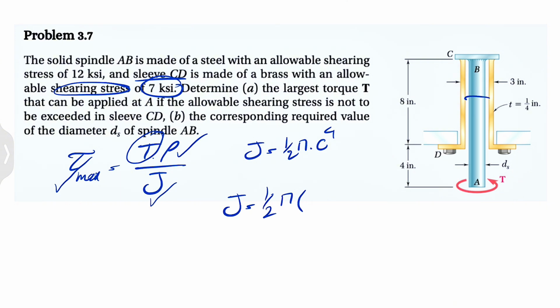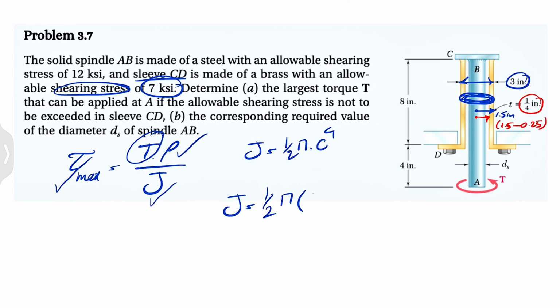Basically we have a hollow channel like this, where we need to figure out the outer radius, which, since we know the diameter from here to here is 3 inches, is going to be 1.5. That's going to give us the radius, and the inner radius is going to be, again from the center to this distance, 1.5 minus this thickness, which is 0.25 or 1/4 inch.